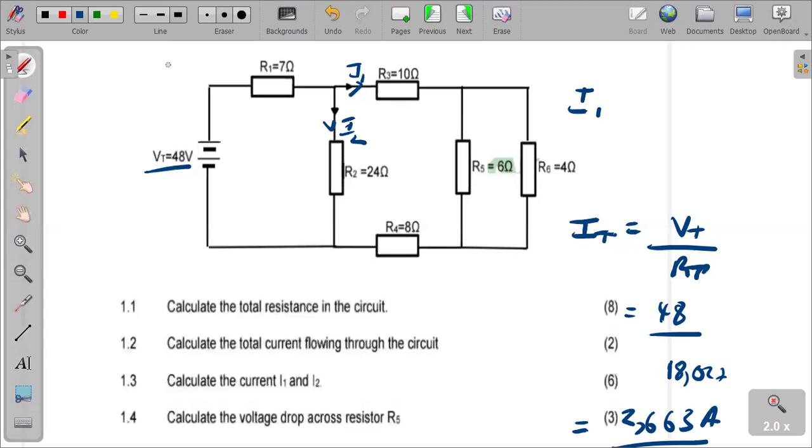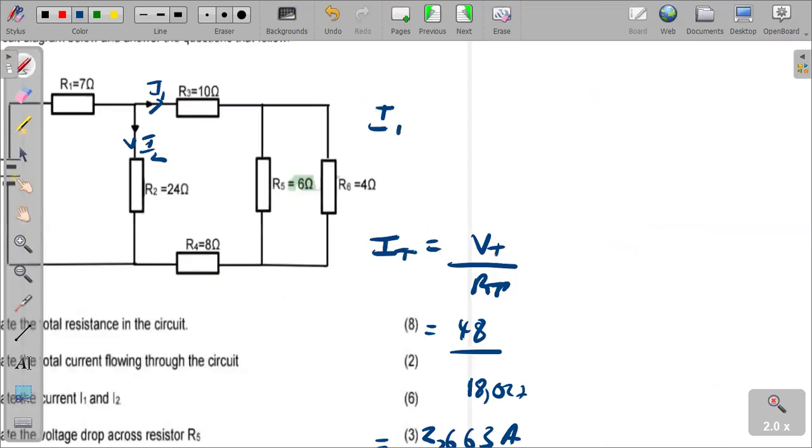So how do we calculate I1? Let's start with I1. We can still use the current divider. What does the current divider say? I1 is equal to R2 over R1 plus R2 multiplied by I total. We have, of course, the formula on the data sheet.